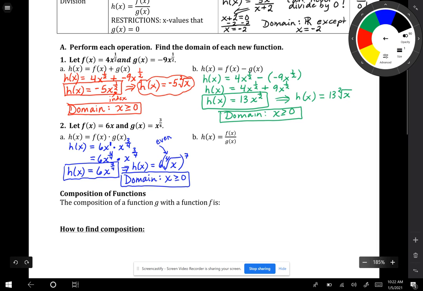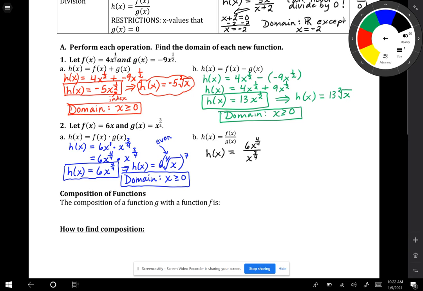And our last one for this particular example set, so we have h of x equals 6x divided by x to the 3/4. So again, remember that's 4 over 4, because 1, you can write it that way. And so we can subtract exponents.